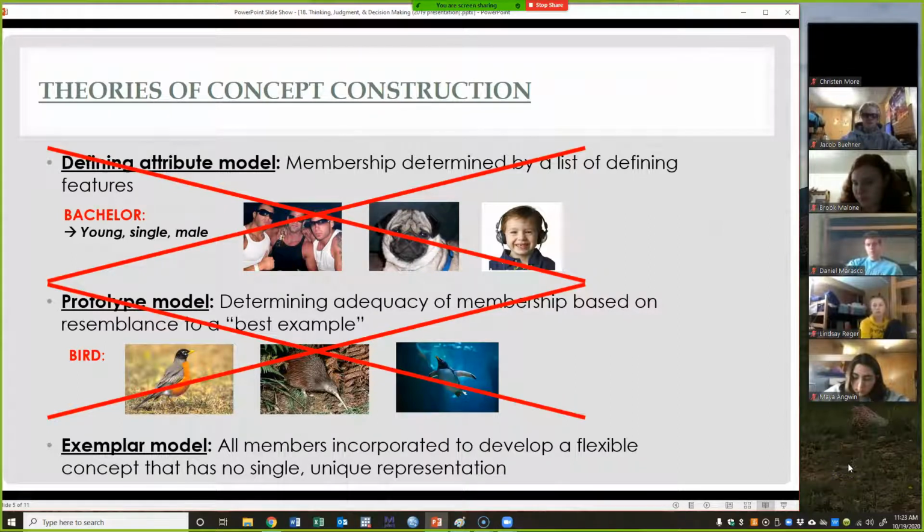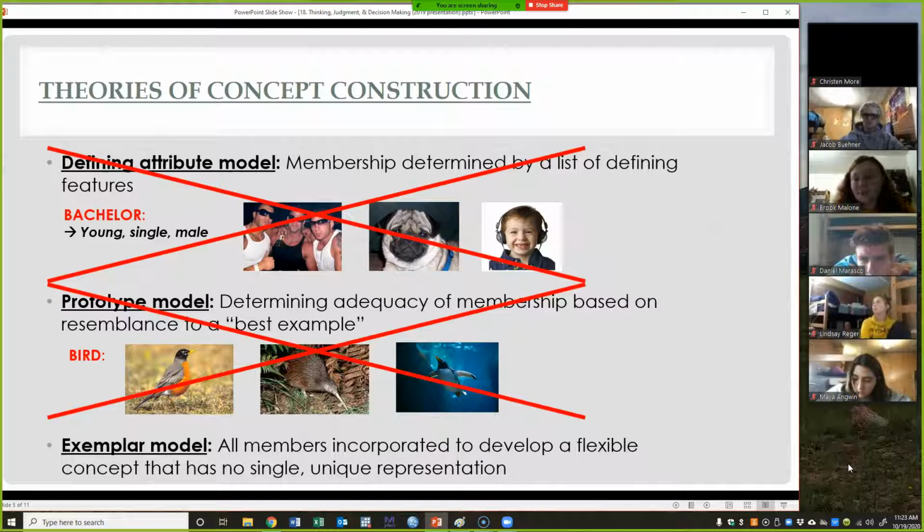If you encounter something new and you say, oh, it looks like people are competing and things like that, you put this idea of game together in your head and decide, yes, this is a game, or no, it's not. So there's not a single list of defining characteristics. There's not one prototypical example that's the best representation. It's just that throughout my lifetime, I've collected all these exemplars of this construct. And then I make a determination based on that.